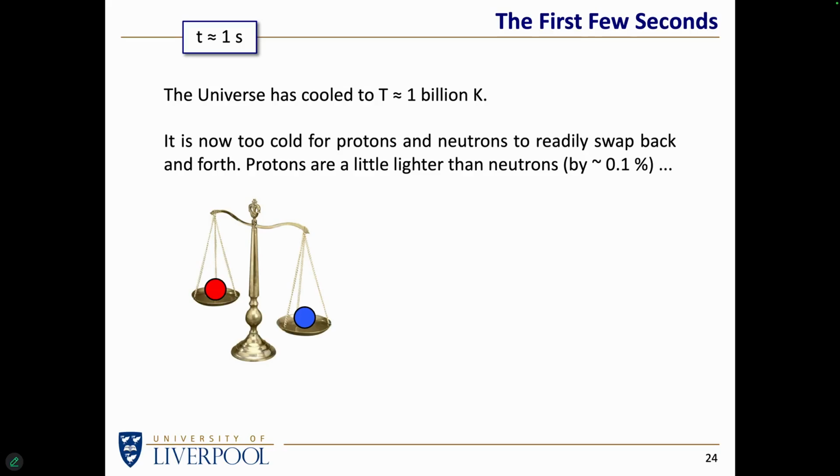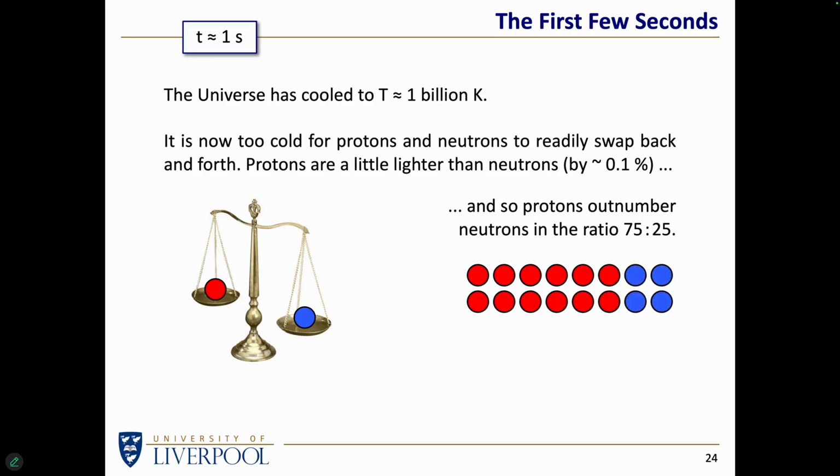If protons are lighter than neutrons, we find that protons should outnumber neutrons, and it turns out the ratio at a temperature of 1 billion Kelvin should be about 75 to 25. So I'm showing on the right-hand side, red circles represent protons and blue circles represent neutrons.